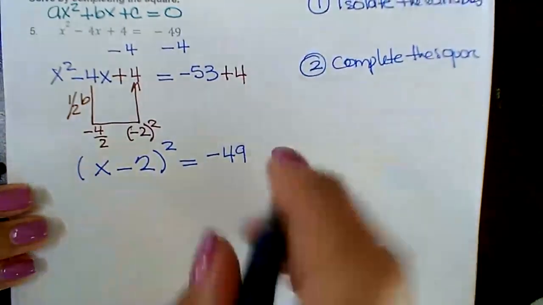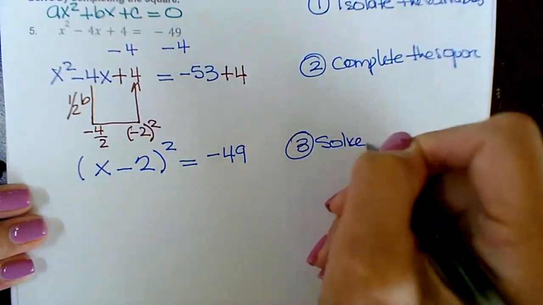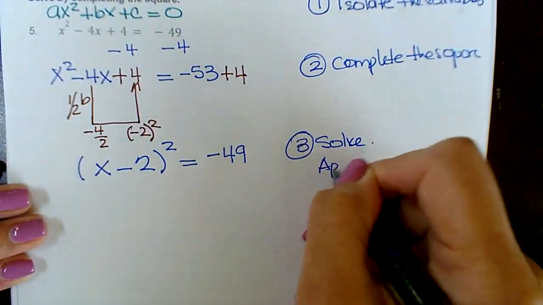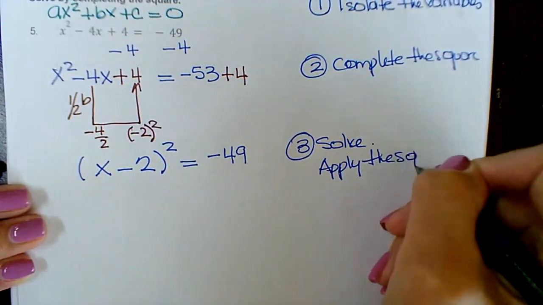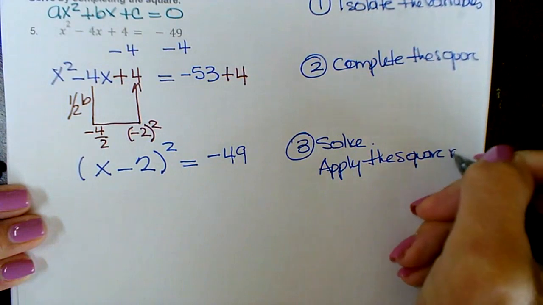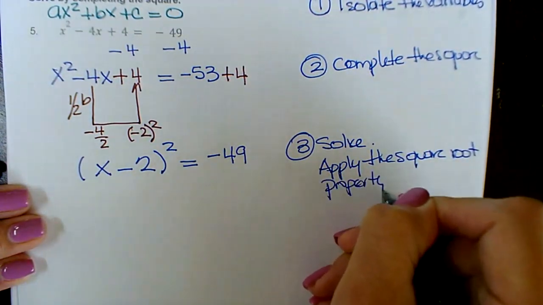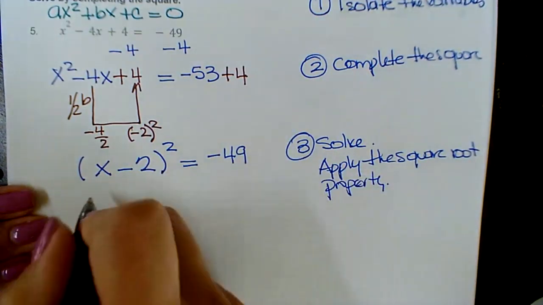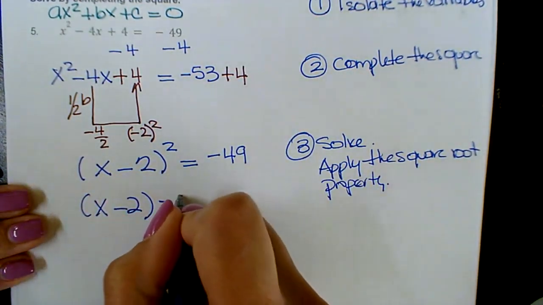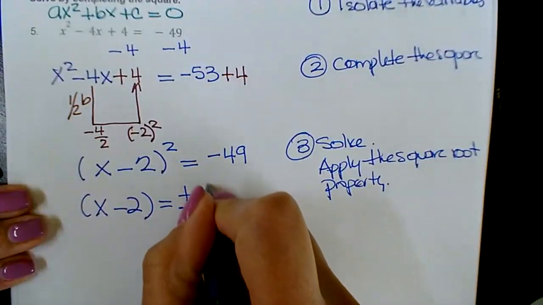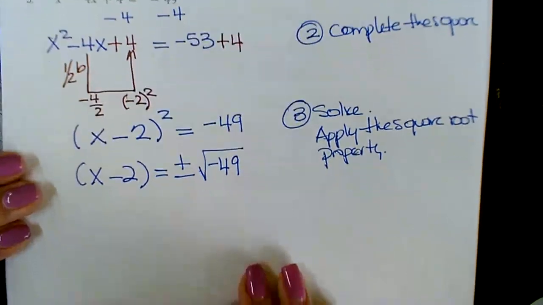Now we need to solve it. And we need to apply the square root property right here. So this is going to be x minus 2 equals what? Plus and minus the square root of negative 49.